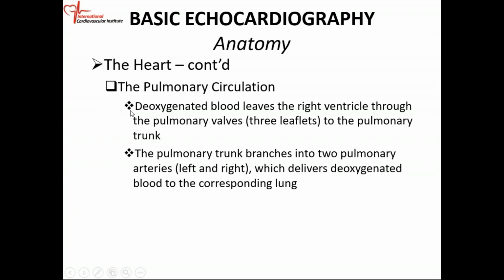So again, deoxygenated blood, that is blood that is somewhat depleted of oxygen, leaves the right ventricle through the pulmonary valve. When the blood leaves the right ventricle, in order to enter the pulmonary trunk, it has to cross the pulmonary valve, and there are three leaflets.